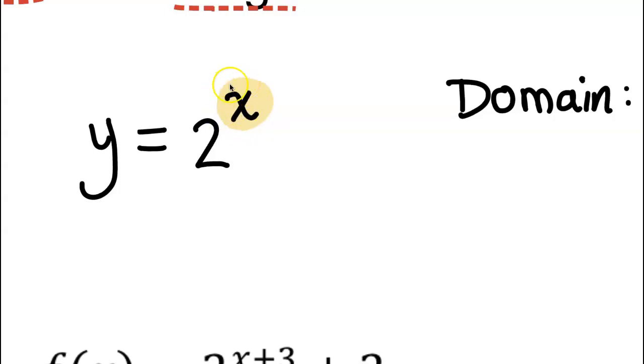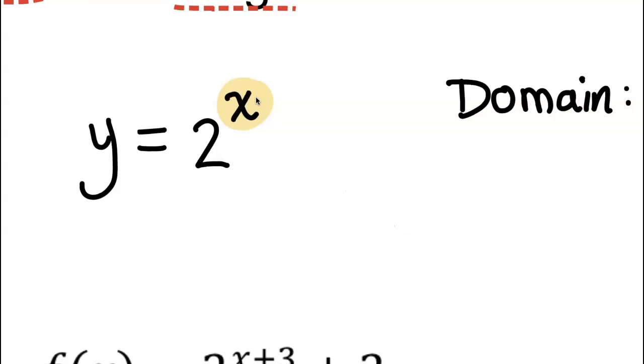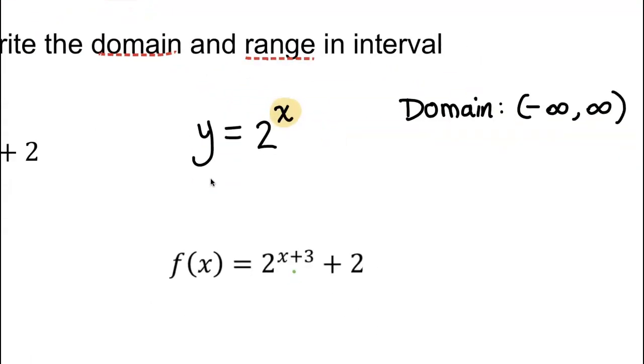So you can have 2 to the 0 power if you want, and that is just going to be 1. You can have 2 to the negative third power, and that's just going to be 1 over 2 to the third power, which is 1 over 8. So you can really plug in anything you like into the x value for exponential functions. So that's why the domain is going to be all real numbers.